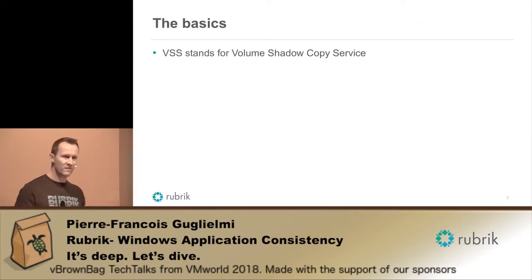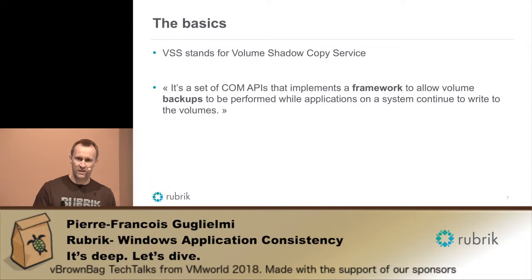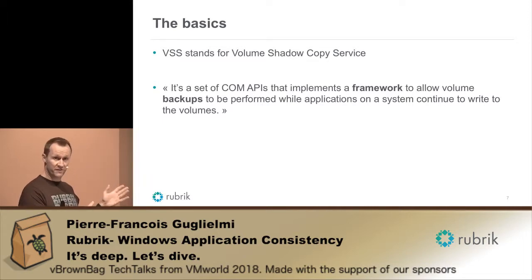So basically, the VSS is an entire framework, but it comes with a Windows service, which is the volume shadow copy service. This is what VSS stands for. According to Microsoft, this comes from the Microsoft documentation, it's a set of COM APIs that implements a framework, like I said, to allow volume backups, specifically, to be performed while applications on the system continue to write to the volumes.